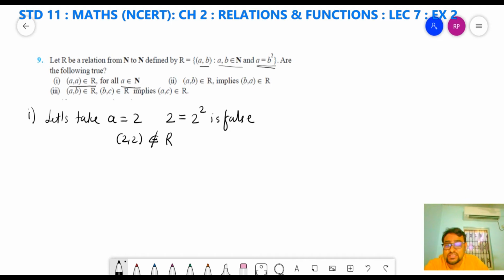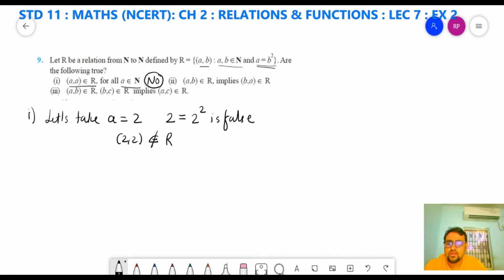If it is satisfying the equation a is equal to b square, only then will it belong to R. So does (2, 2) belong? No. So the first one is false, so I will write down no.